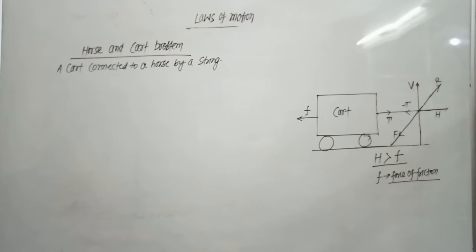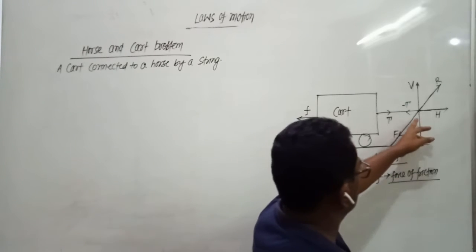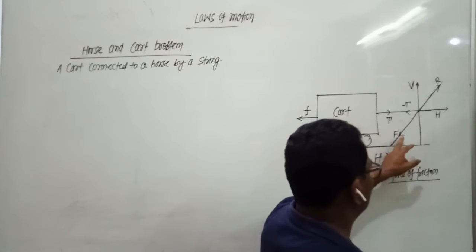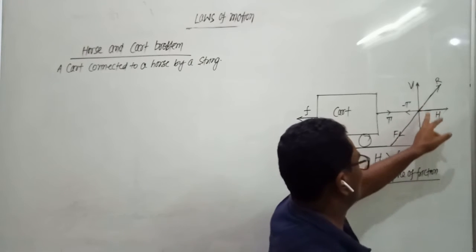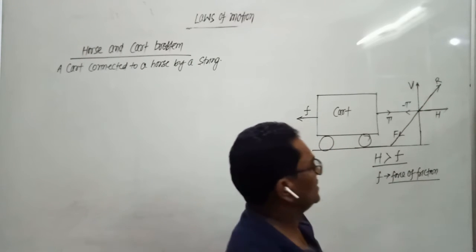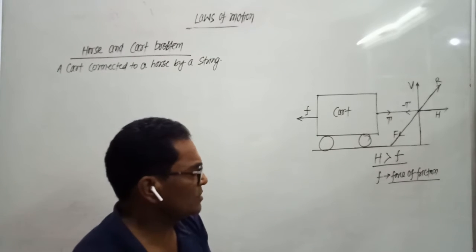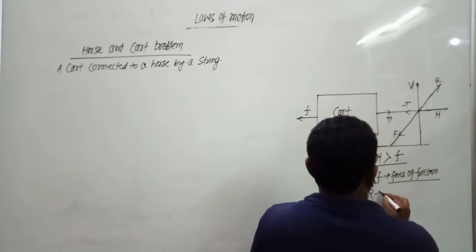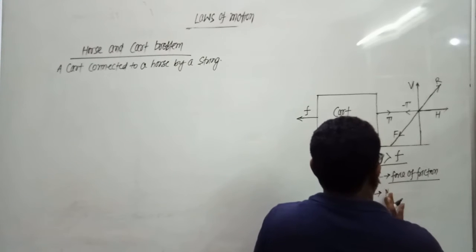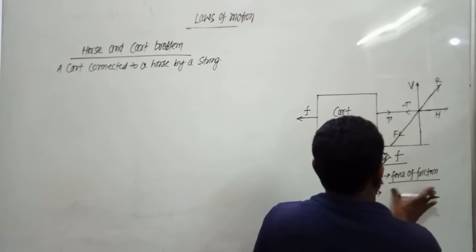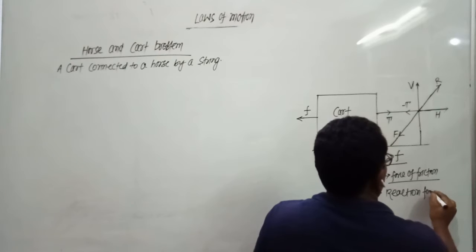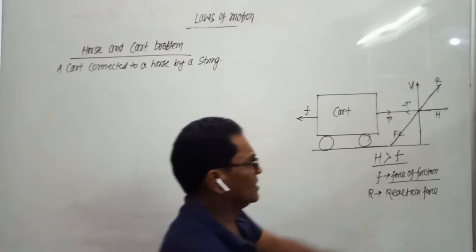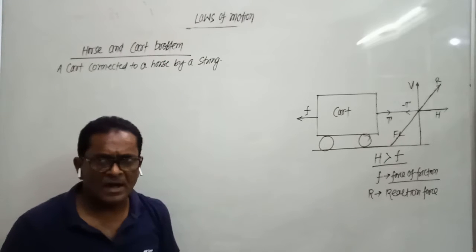And the horse pushes the ground with the force F in an inclined direction. From Newton's third law, in the direction opposite to F, acts the normal reaction R. R is the normal reaction, or simply reaction, or the reaction force, which acts opposite to the direction of the applied force.